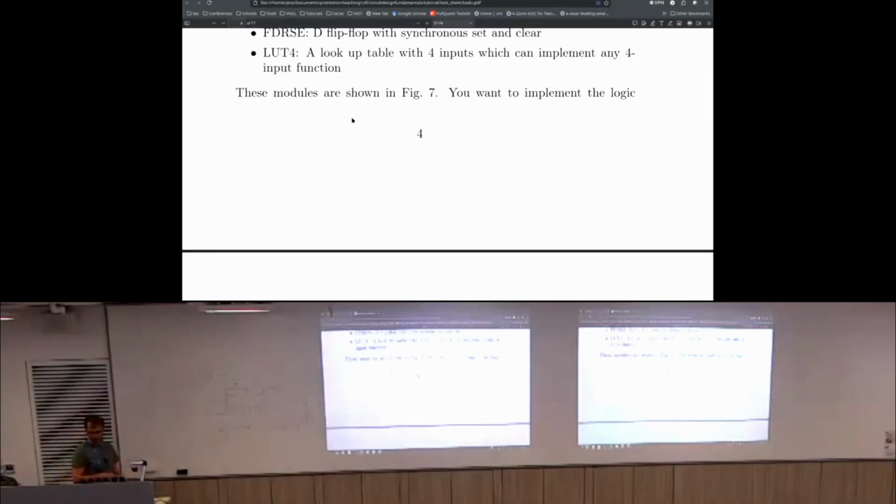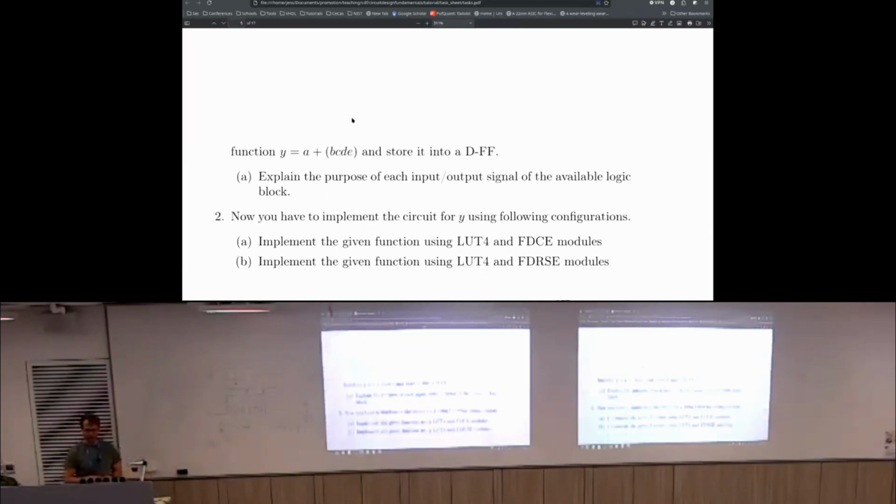Now the question is we want to implement a certain logic functionality, and this is our logic function: y should be equal to a or b and c and d and e, and we want to store the result in a flip-flop.